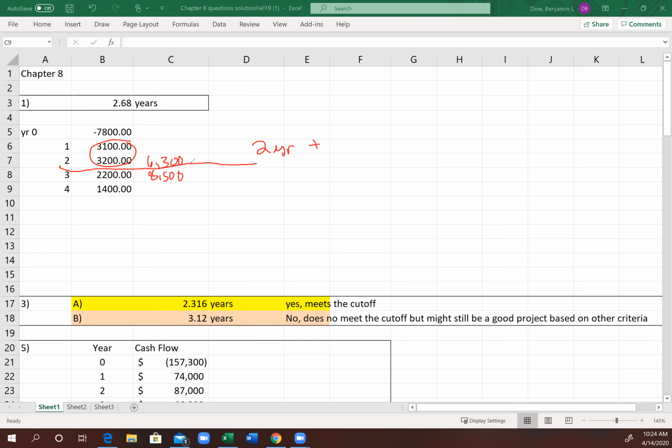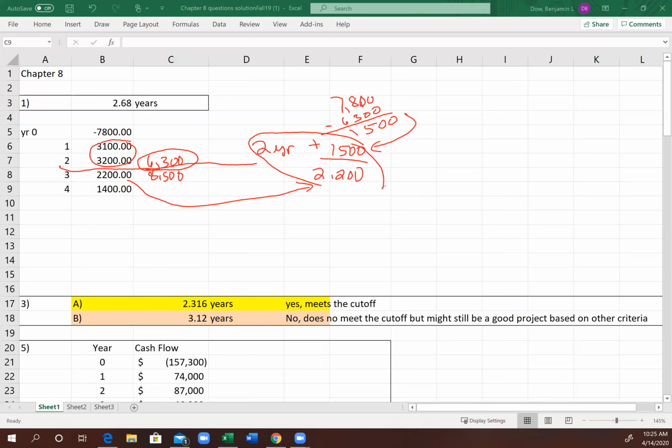So you can kind of see after year two, we've collected $6,300. We need to collect 7,800. So we're short about $1,500. But during year three, we're going to collect $2,200. So you can see we're at 2 years plus part of the way during the third year.